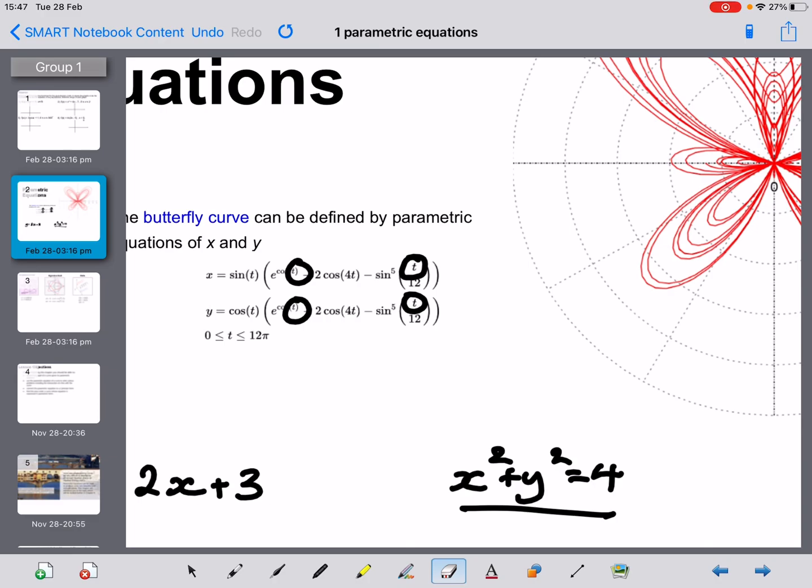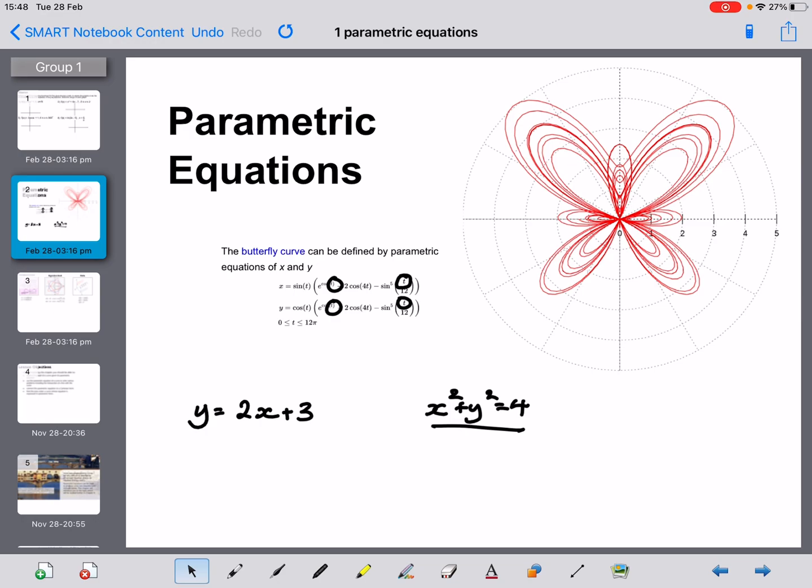And these two complex looking parametric equations together produce that beautiful looking butterfly curve. So together they are a pair of parametric equations. Now you're not going to be dealing with anything as complex as that, but you do need to be able to work with parametric equations.